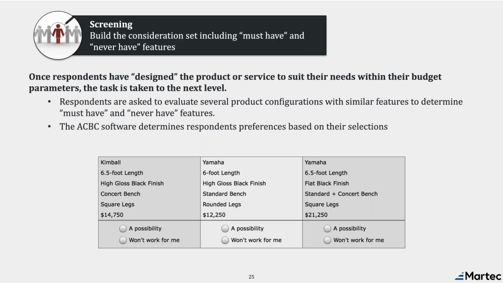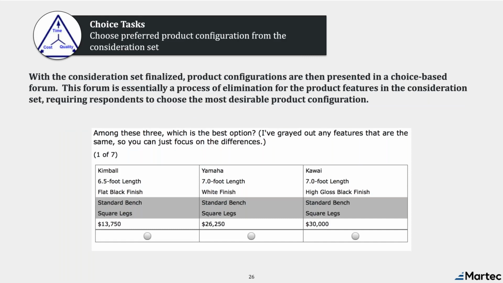We've noticed that you're always selecting a piano that is Yamaha brand. Is that a must-have? Yes, no. We notice that you never select something with round legs. Is that a never have? Yes, no. And then finally, it goes through the choice tasks, similar to a choice-based conjoint, where they will be asked which of these is the best option.